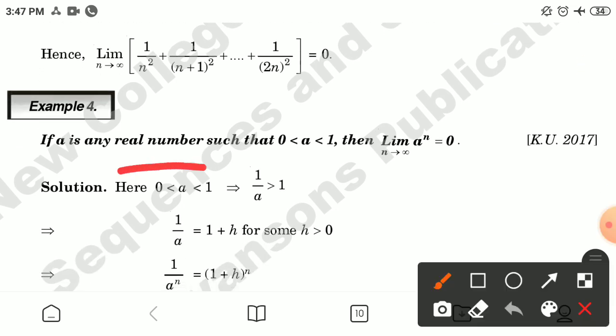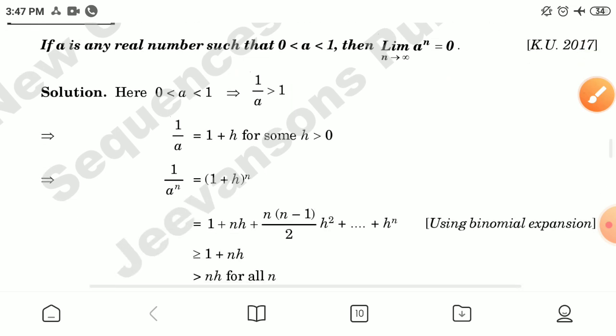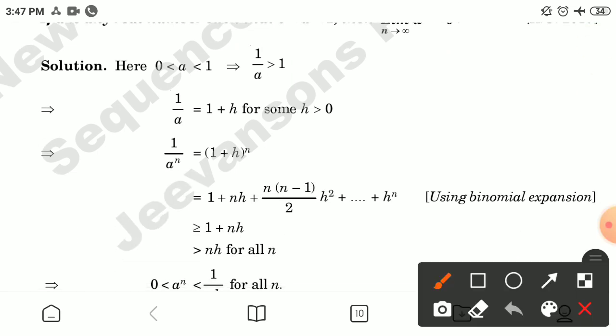If a is any real number such that a is between 0 and 1, then the limiting value of a raised to power n will be 0. A is between 0 and 1, so 1 by a is greater than 1, so 1 by a is equal to 1 plus h for some h greater than 0. 1 by a raised to power n becomes 1 plus h raised to power n.